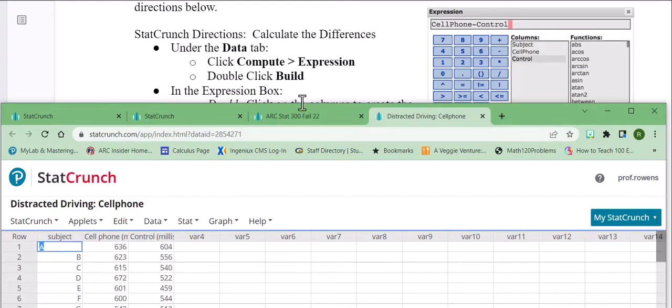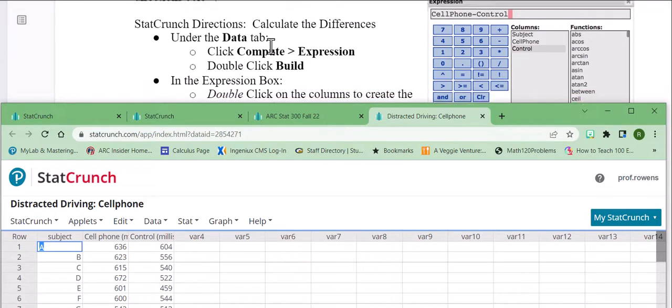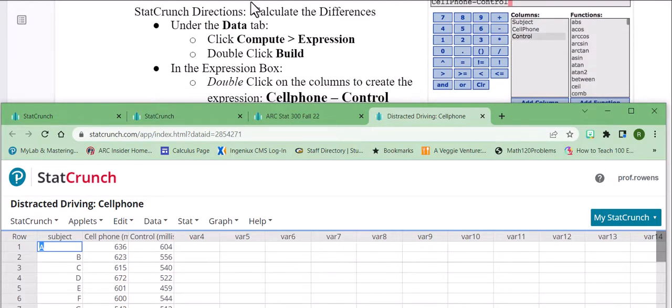All right, we're going to follow the instructions up here. We want to calculate the differences. Under the Data tab, click Compute, then Expression, and double click on Build.